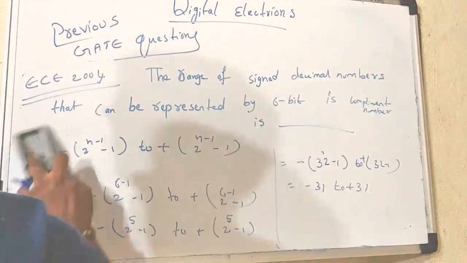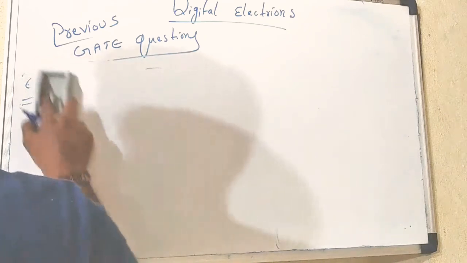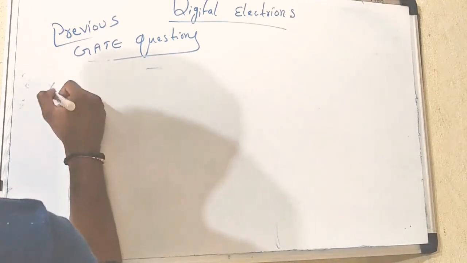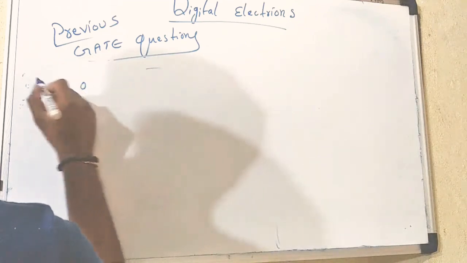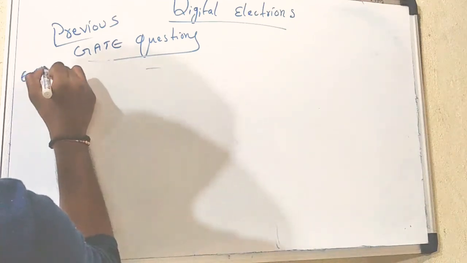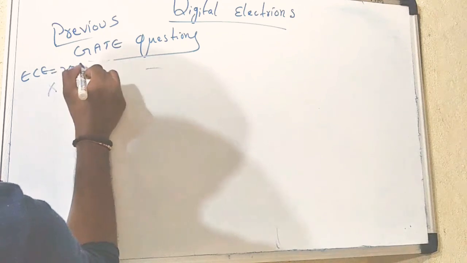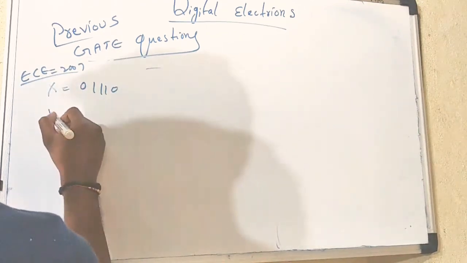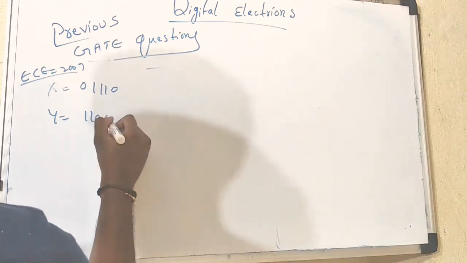Let's see the next question. This is ECE 2007. Given x equal to 01110 and y equal to 11001.